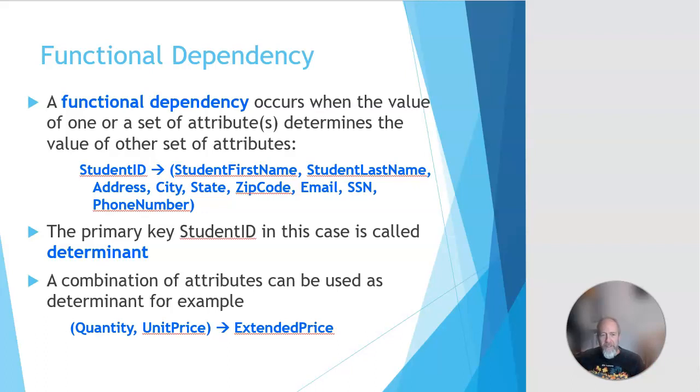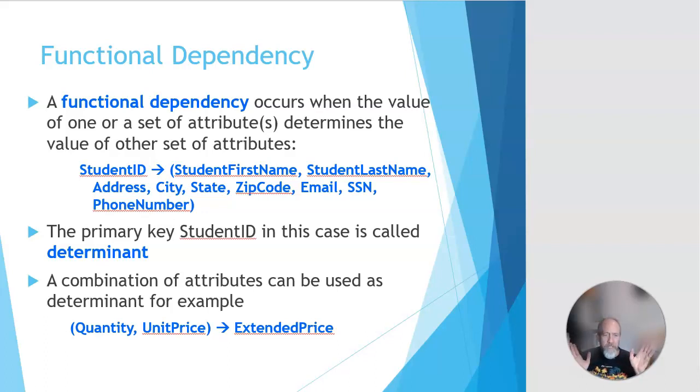You got them. Because the student ID determines who that student is, and all those other attributes of the student are there. So those fields are functionally dependent upon that specific column, or attribute.